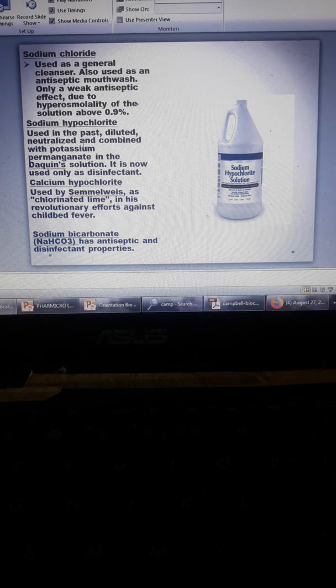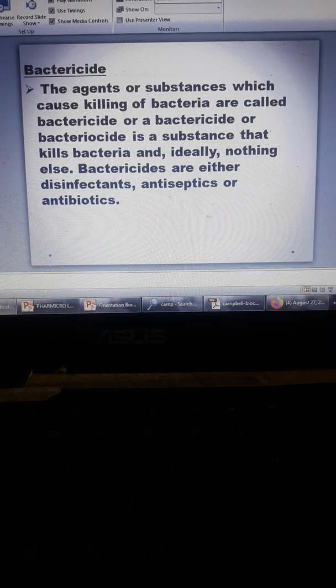It is now used as a disinfectant. Calcium hypochlorite was used by Semmelweis as chlorinated lime in his revolutionary effort against childbed fever during that time. Sodium carbonate has antiseptic and disinfectant properties also.